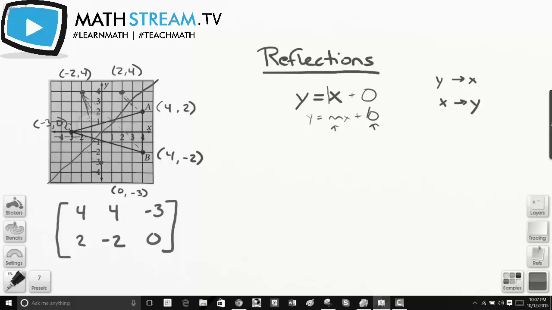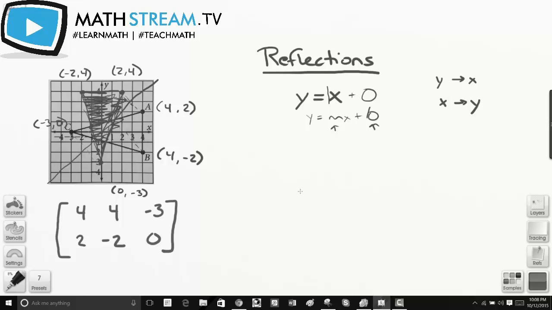Let me connect the dots nicely. This new triangle, I'm going to color it in here, is a reflection across that diagonal line.